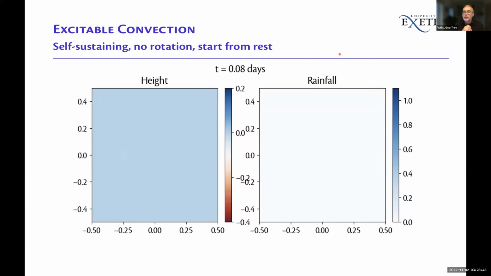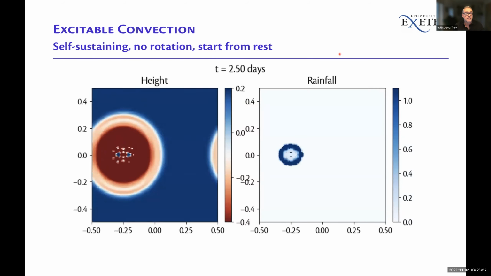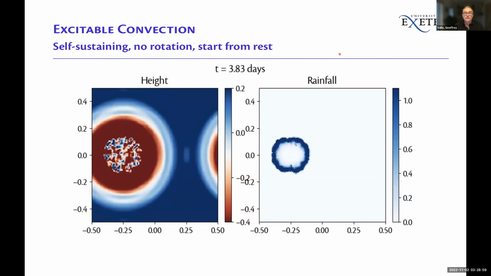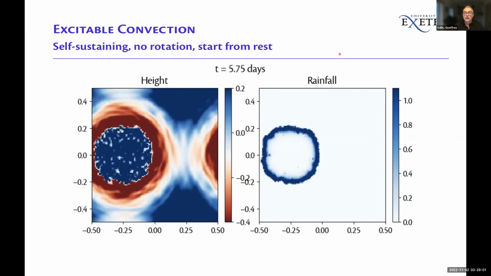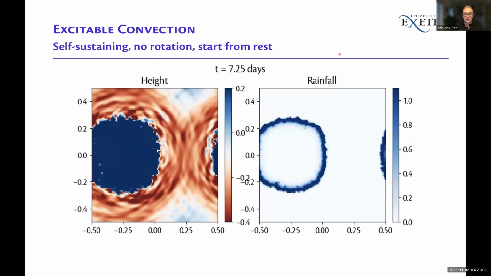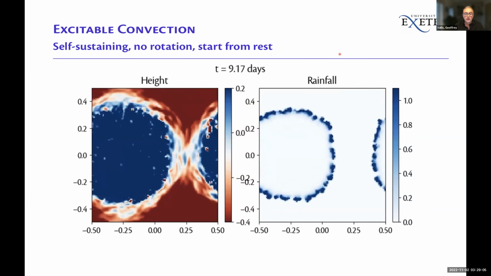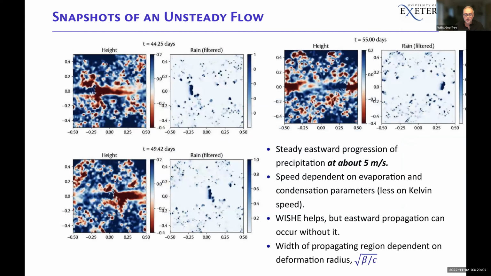And in this first movie, I'm going to show what happens without any rotation at all, not even an f-plane, just the shallow water equations. And let's hope it works. Oh, there it goes. So let me just start from the beginning.